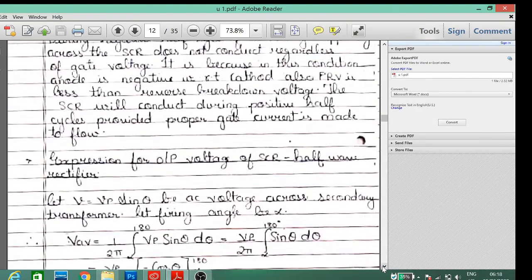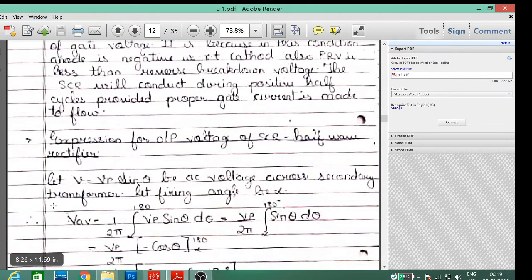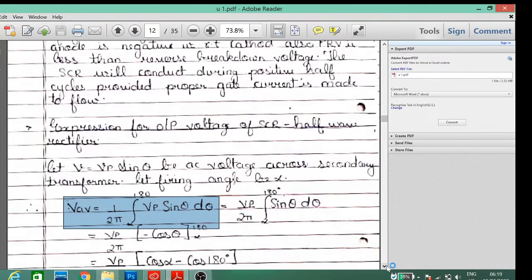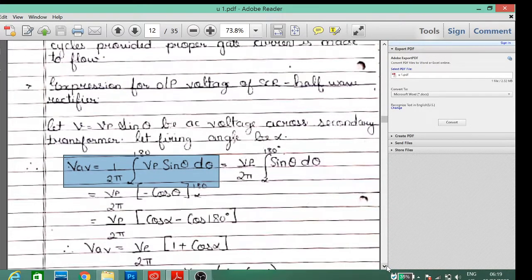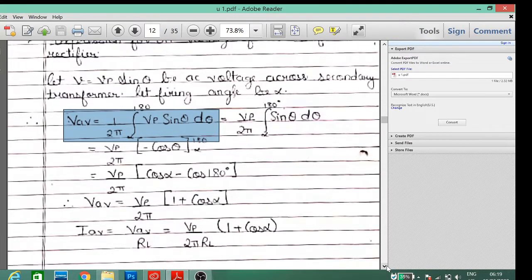The expression for the average output is equal to 1 upon 2 pi, integral from alpha to 180 degrees of Vp sine theta. Now this Vp is a constant value, so Vp will be taken out.